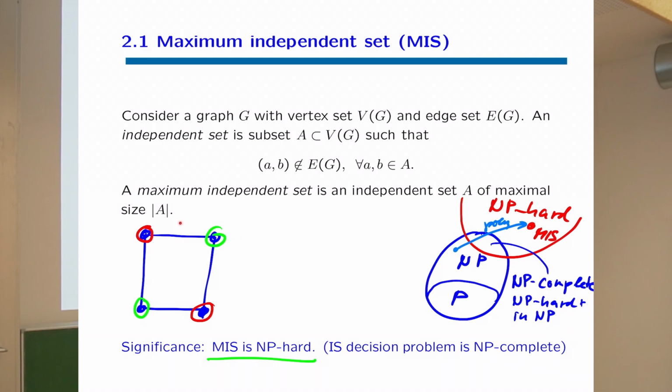And the optimization version of the problem, that is maximum independent set, is NP-hard. If you are given a set that is supposedly maximal, how do you show that? It's not obvious how you test that in polynomial time.